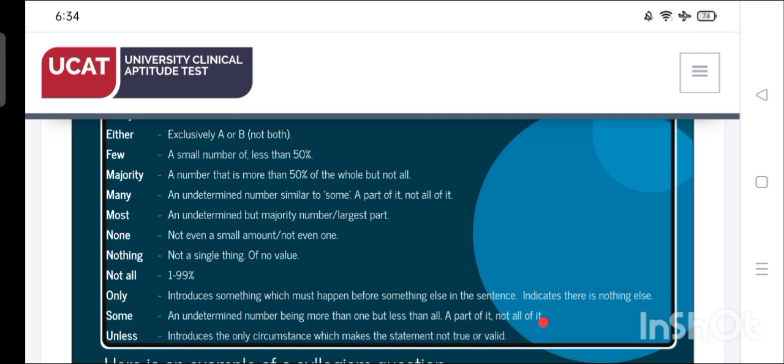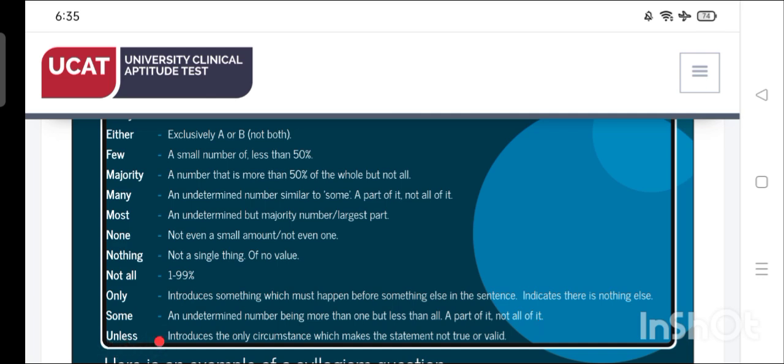If we talk about more than one but not about all things, not about the whole thing, then we can use some. That's some of the things. Some may be like a few, we can say.